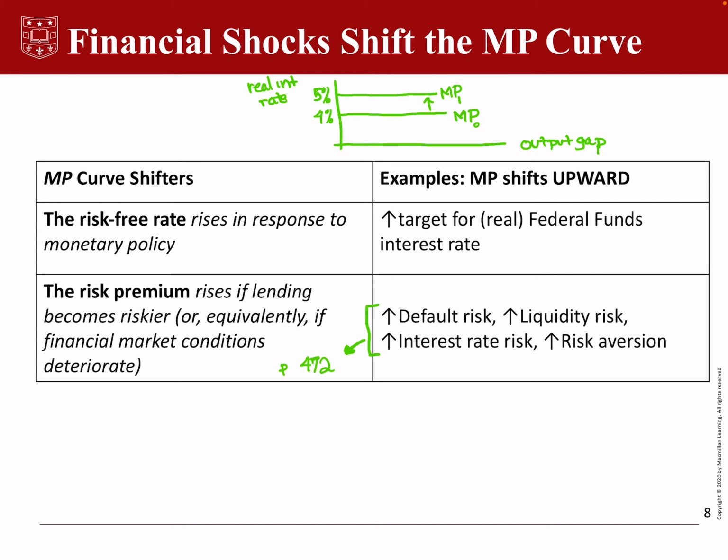And so, suffice it to say for us that if there is greater default risk, greater liquidity risk, interest rate risk, or lenders just become more risk averse in general, then this causes them to raise the risk premium, which for a given level of the Fed's targeted Fed funds rate will cause the MP curve to shift upward.